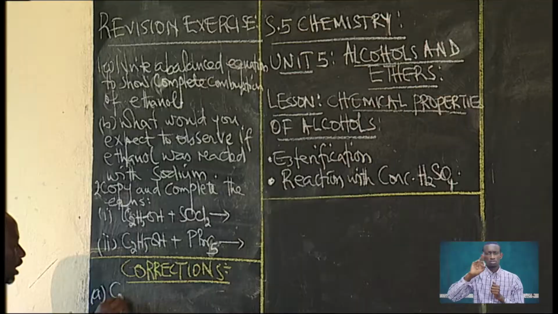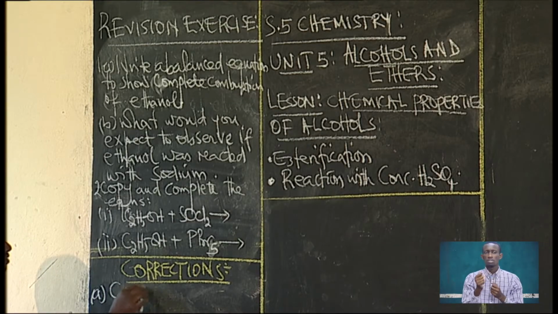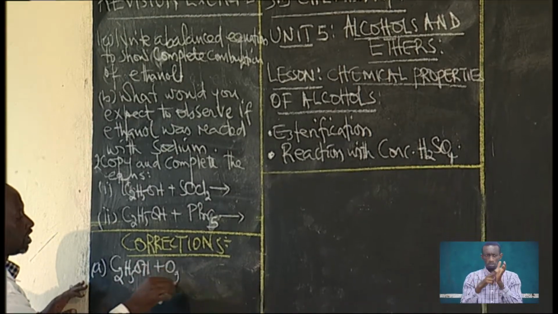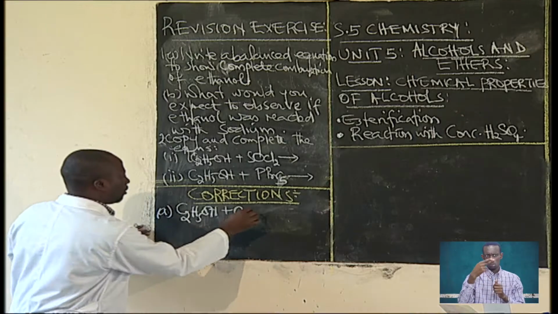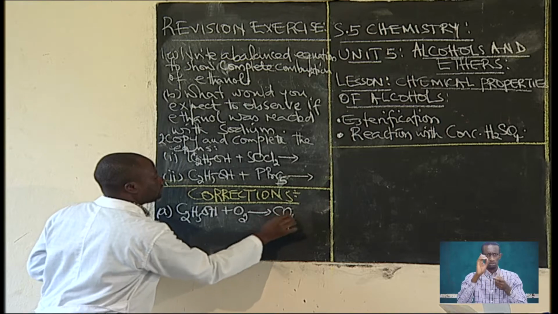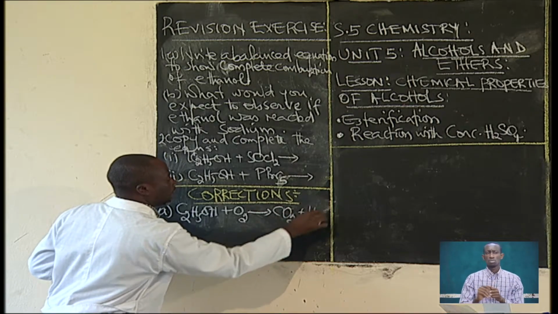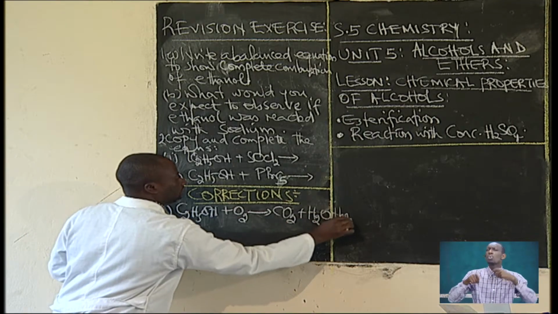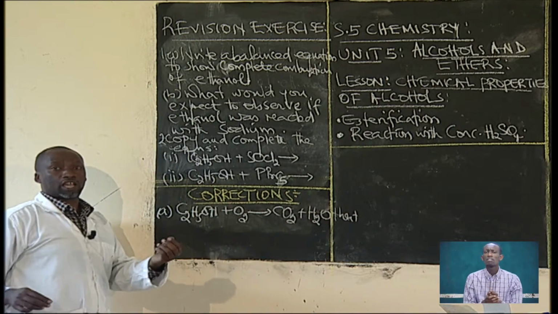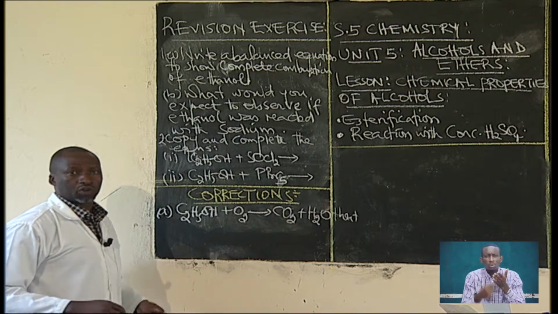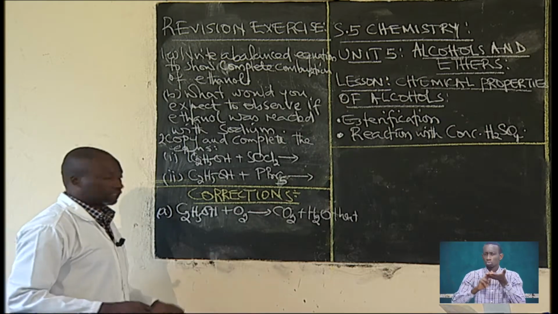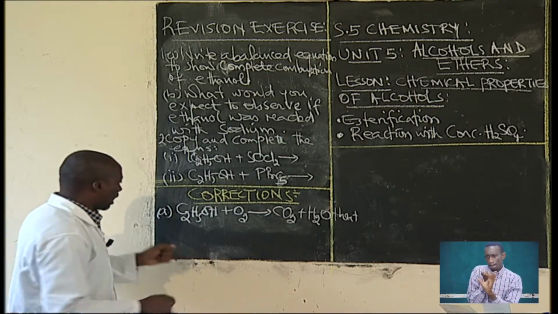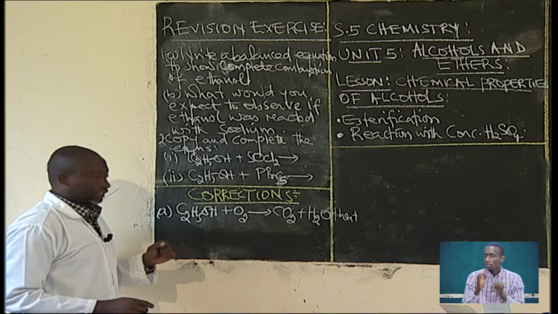You have ethanol, which is C2H5OH, plus oxygen. Remember, it is a complete combustion, and this gives carbon dioxide and water. This reaction gives out heat, and that explains why ethanol can be used as a fuel, because when it burns, it releases heat.